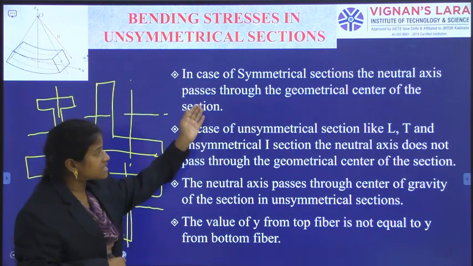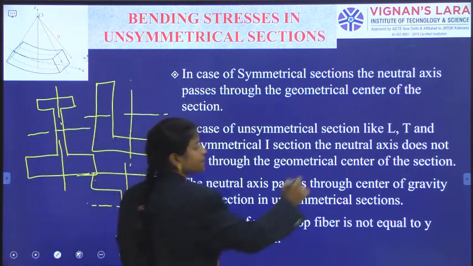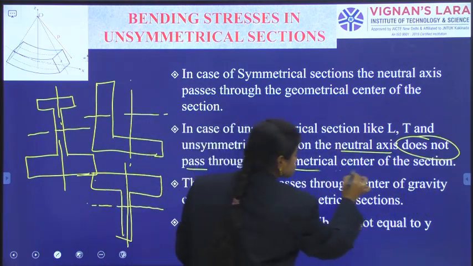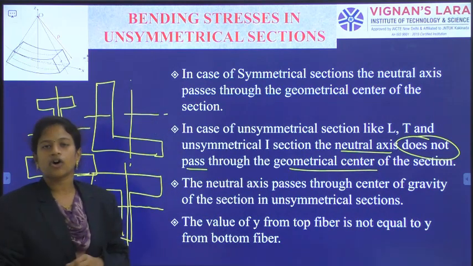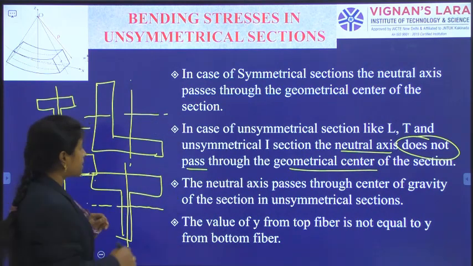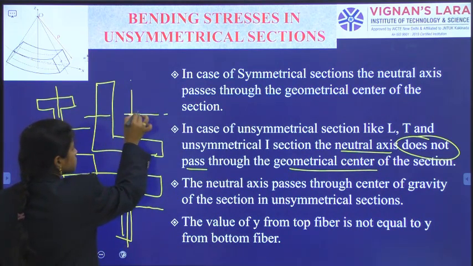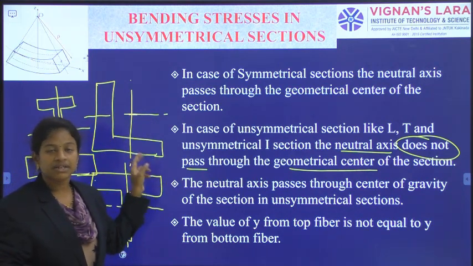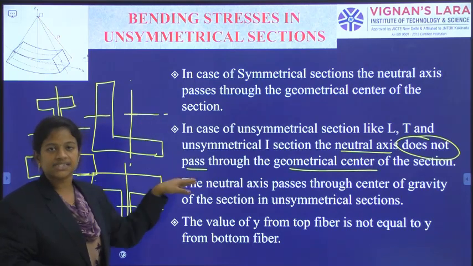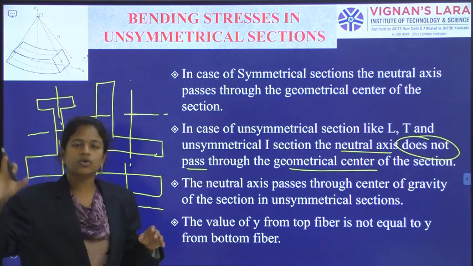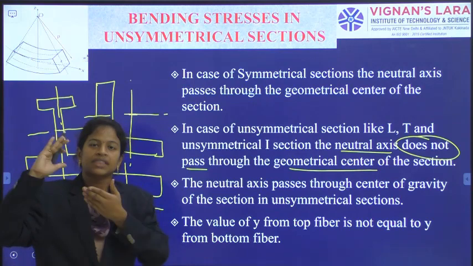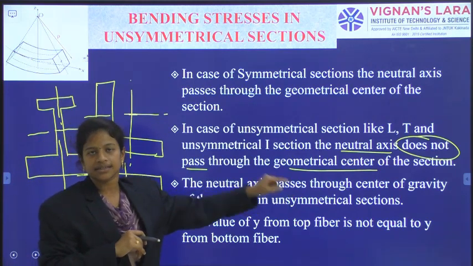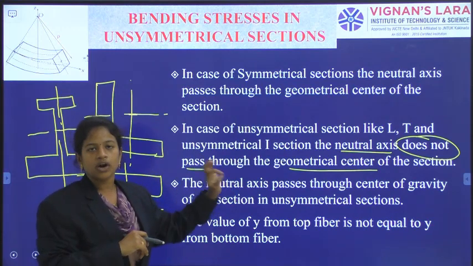What is the difference between these two? In this case, the neutral axis does not coincide with or pass through the geometrical center of the section. So there will be a point at total depth by 2, but that point does not coincide with the neutral axis, which is the centroidal axis. The section's centroidal axis always coincides with the neutral axis, but that neutral axis is not passing through the geometrical center, so the geometrical center line is not involved there.